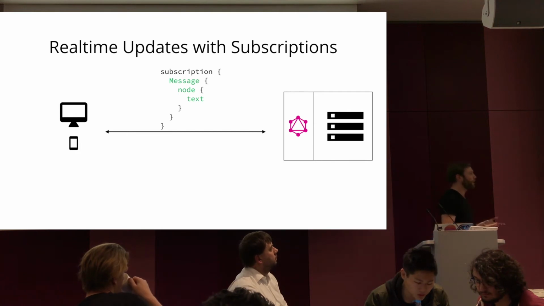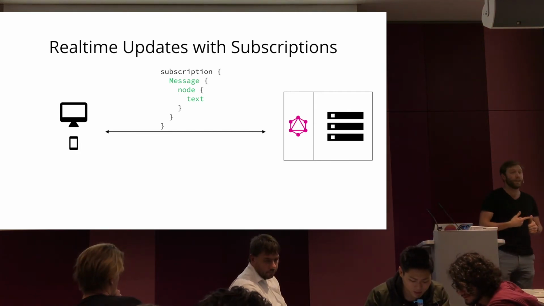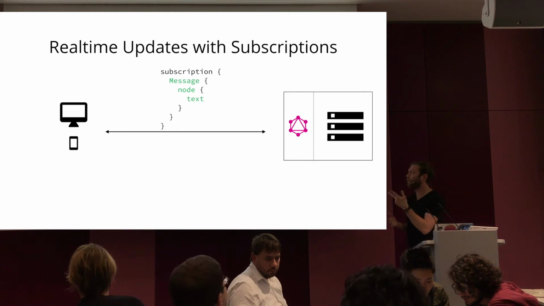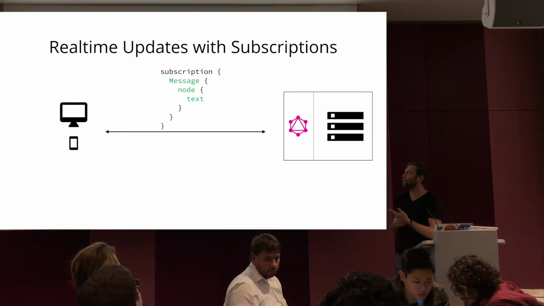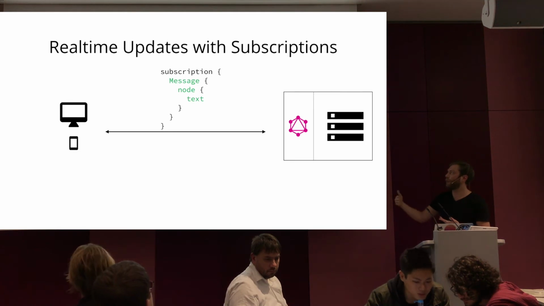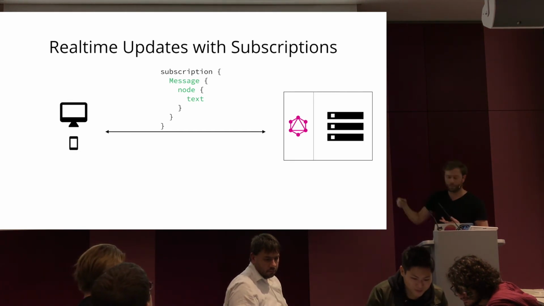What could these events be? These events could be either that a new message is created or that an existing message is updated or deleted. So we are effectively subscribing for these three events. And when that happens, we want to learn what is the text of the message that was created or updated. And this is what this subscription effectively means.